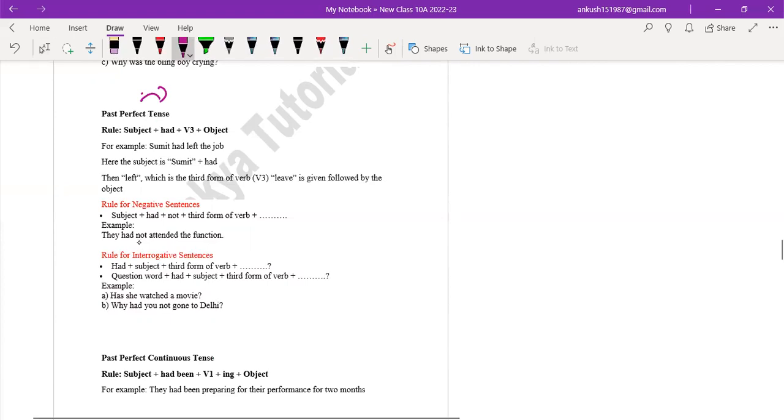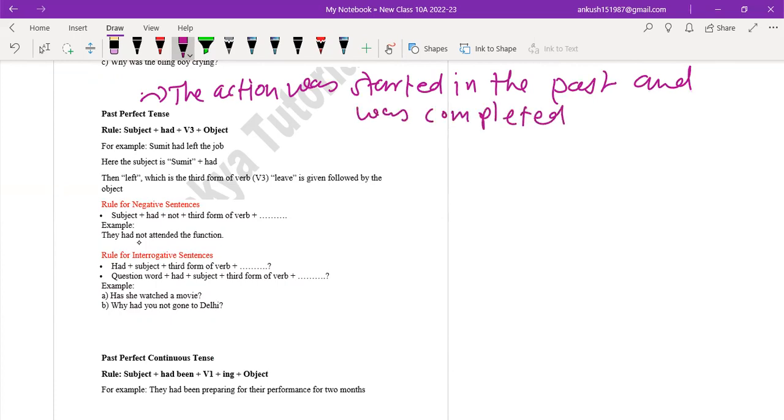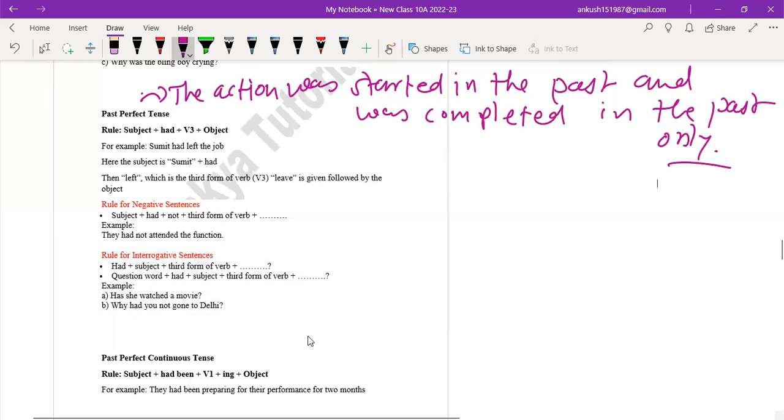Okay, the action was started in the past and was completed in the past only. For expressing this action, we use the past perfect tense.